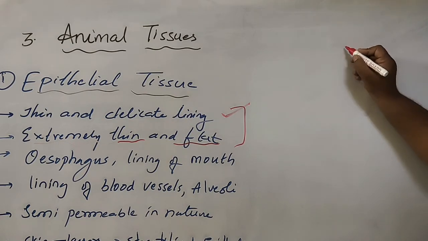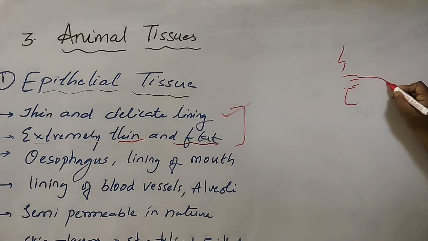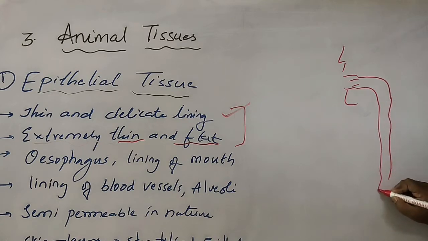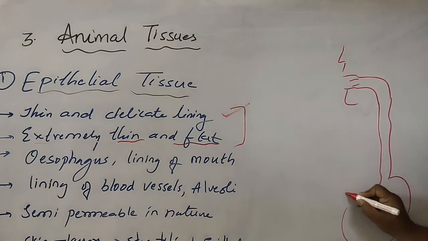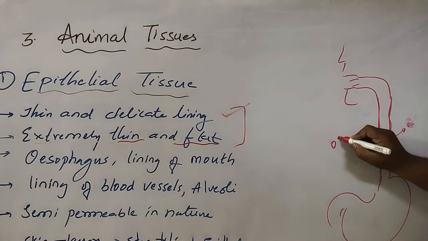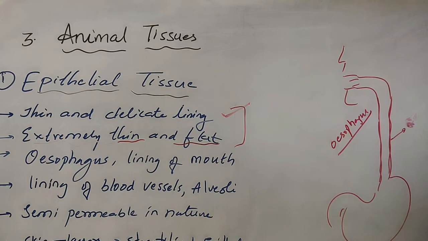First one, what you can see is here, if this is your mouth, the food which you eat will go from the mouth into the tube-like structure and then enters into your stomach. Now this particular part is called the esophagus. Let me write here. It is called esophagus.